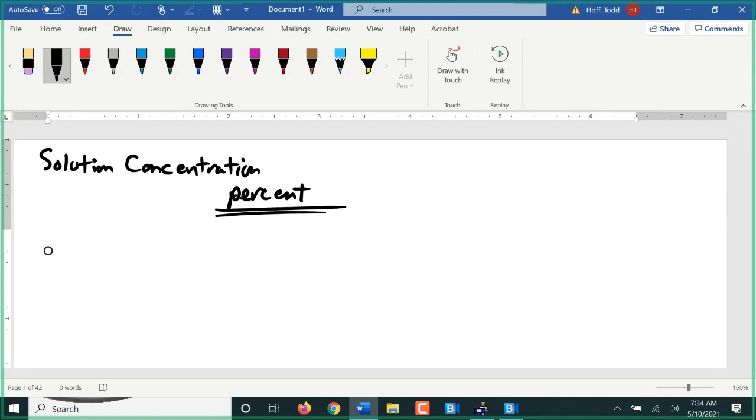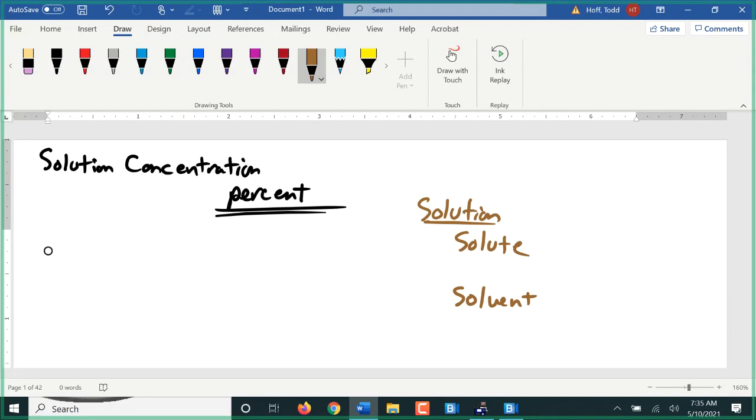Well, a solution has two parts. A solution has a solute and a solvent. Now, the solvent is not what we typically think of as a solvent. It's not corrosive or whatever.